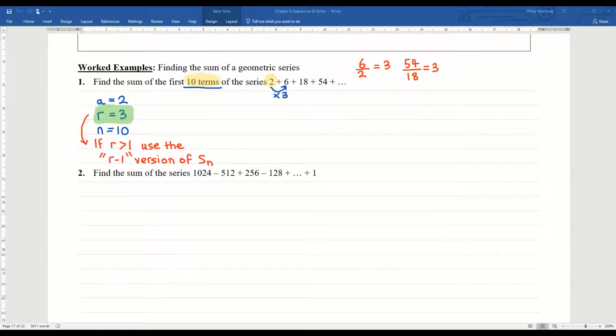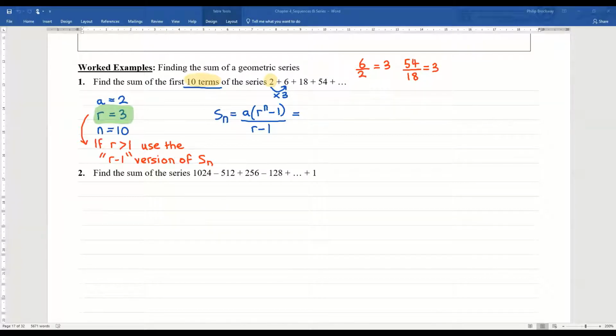Right. Let's use the formula now. We're going to sub in all the values we know. We're going to use the R minus 1 version. So that's going to be R to the power n subtract 1 over R subtract 1. Let's substitute in all the values we know.